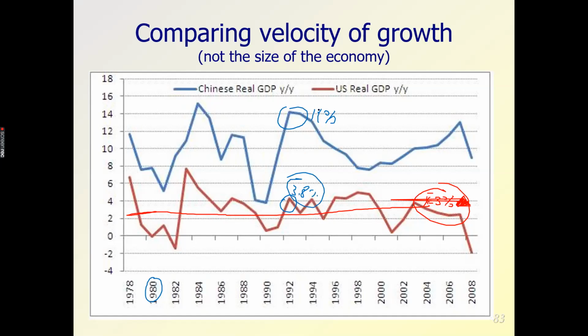So now we look not at the size of the economy, but at the rate of growth, the velocity or the speed of producing more. Who is producing faster? China. And the USA is producing at a steady pace. And that's what we saw in the former graph. So this is actually telling us the slope of the GDP in monetary terms.